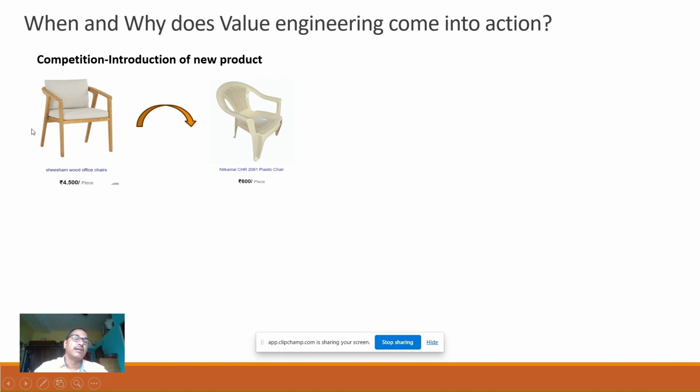And there came another competitor who introduced a low cost chair at just 600 rupees. We have all witnessed this. Of course, this is more reliable and strong compared to this particular chair. But that particular function is not necessary. So whatever the basic functions and features were needed, that was provided by this competitor.